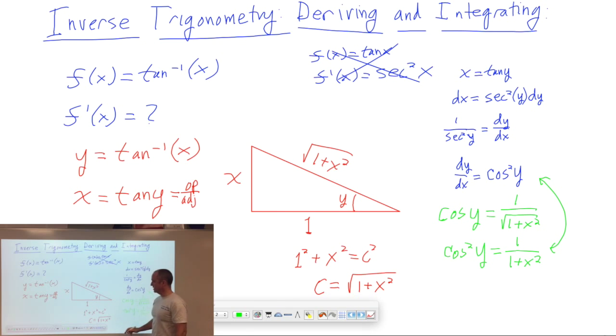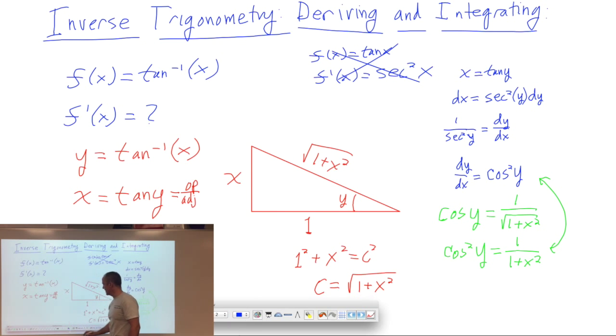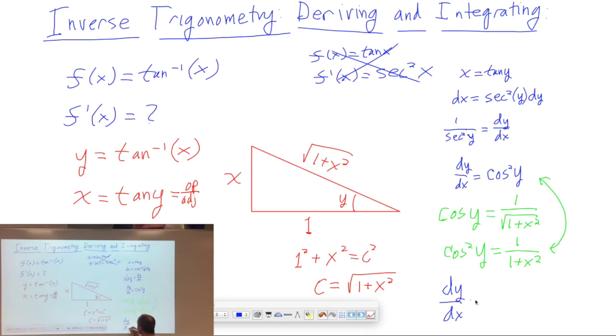So that tells me that if I want to write dy over dx in terms of x, it's going to be 1 over 1 plus x squared.